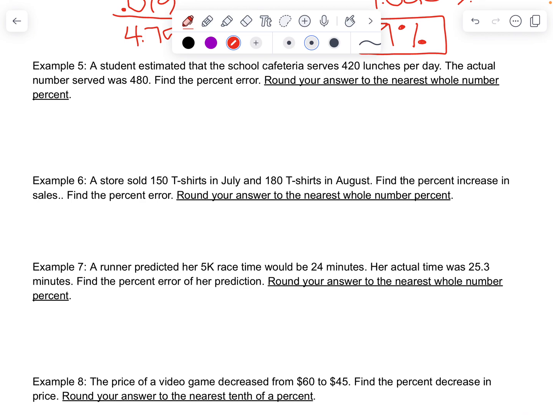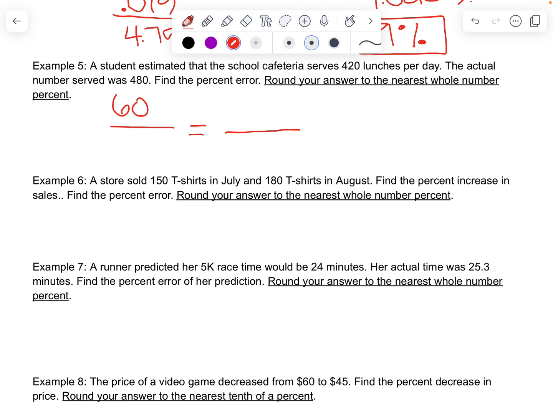All right, example 5 says, a student estimated that the school was going to serve 420 lunches that day. However, it actually ended up serving 480 lunches that day. So, in order to solve this, you're going to put the change on top. So the change from 420 to 480 is 60. And the actual amount, or the correct amount, on bottom.